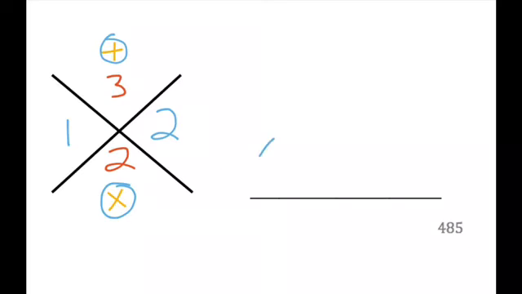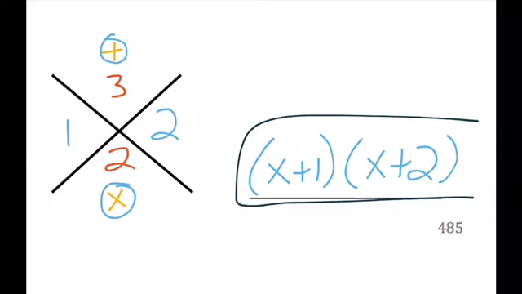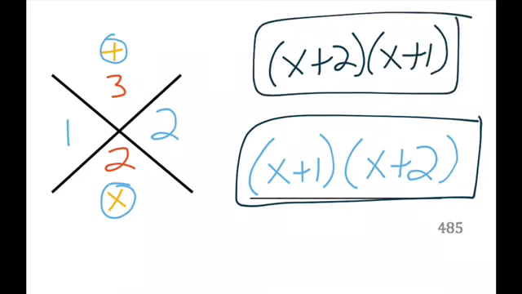So my answer is x plus 1 and x plus 2. We could also write that as x plus 2 times x plus 1. It doesn't matter the order. Okay, let's do some more of these.